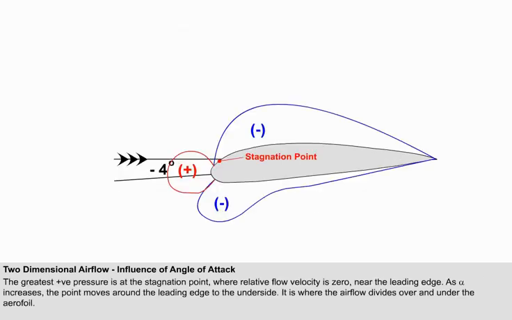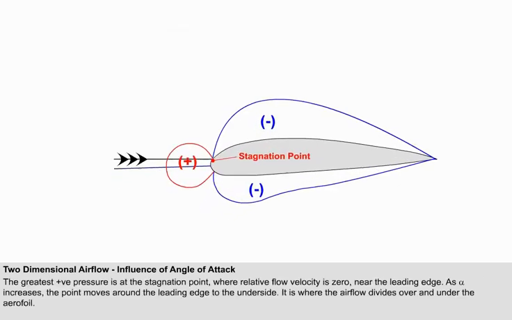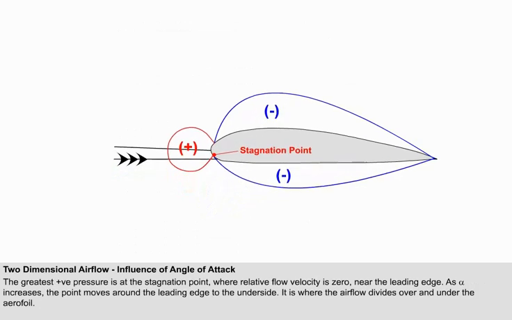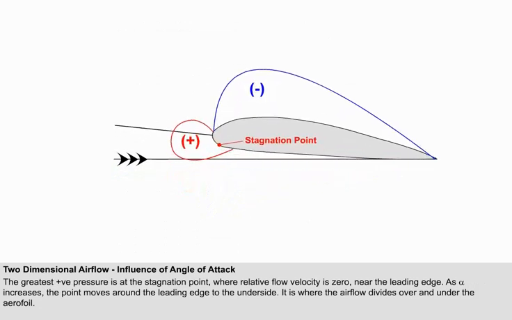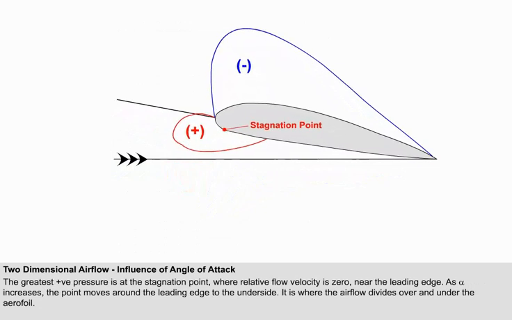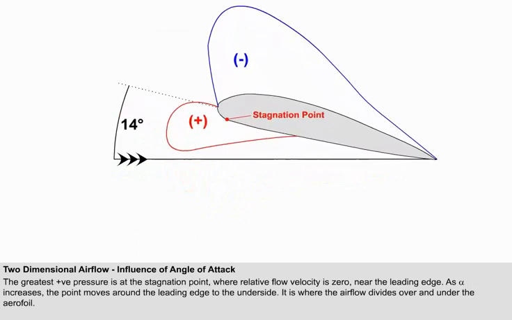The greatest positive pressure occurs at the stagnation point, where the relative flow velocity is 0. This point is somewhere near the leading edge. As the alpha increases from -4, it moves from the upper surface around the leading edge to the lower surface.